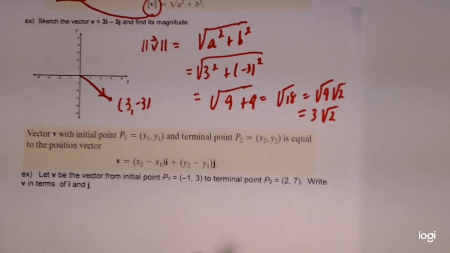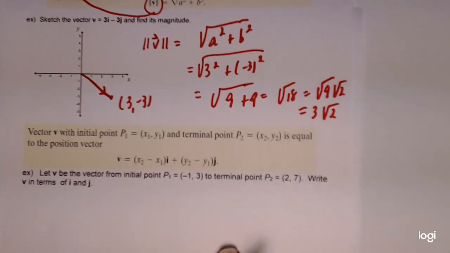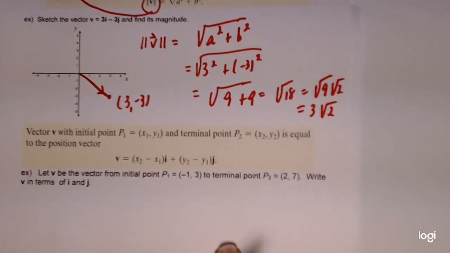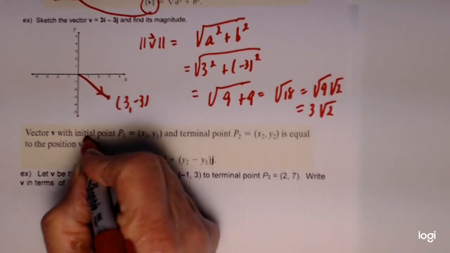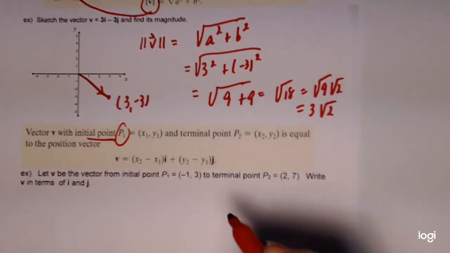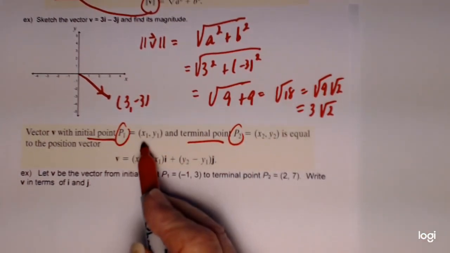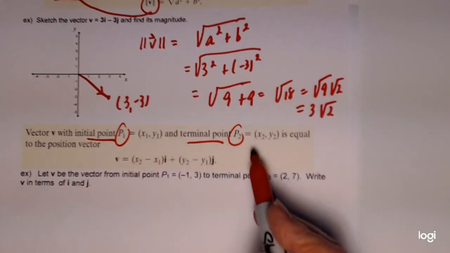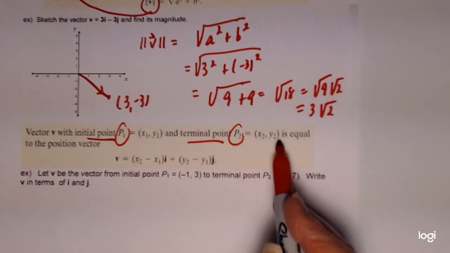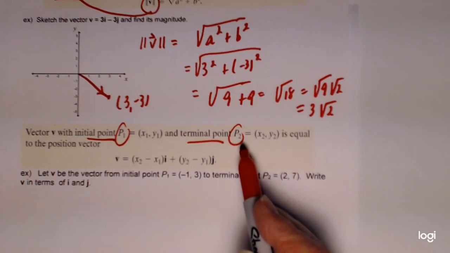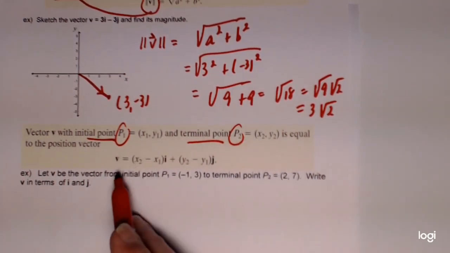Next thing we're going to look at here is if we are given 2 points. So we're just given the initial point, which we're going to call P1, and the terminal point, P2. And now the coordinates for P1, x1, y1, and the xy coordinates, x2, y2 for point P2. So if we're given the initial point of a vector, the starting point, and then the ending or the terminal point, we can express these 2 points in terms of a vector using our I and J like this.